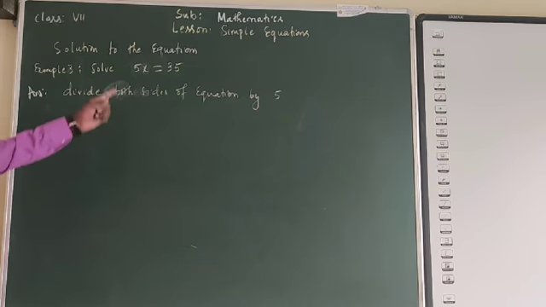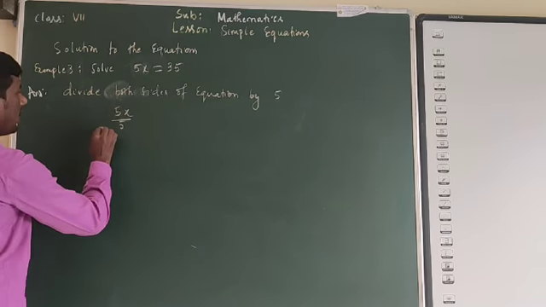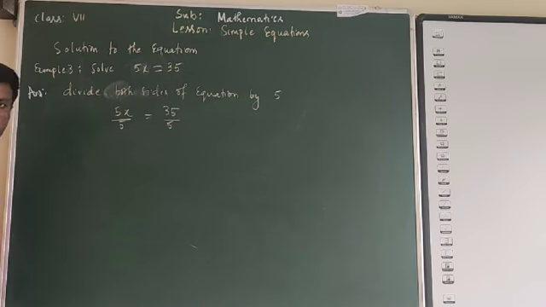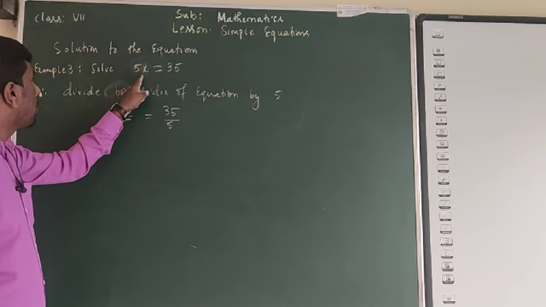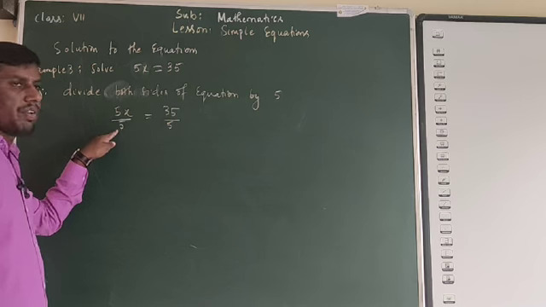In order to remove the 5, I will be dividing by 5 on the LHS, and on the RHS 35 divided by 5. Clear? I need to remove 5 to find the unknown value x, so in order to remove that 5, I should divide by 5.